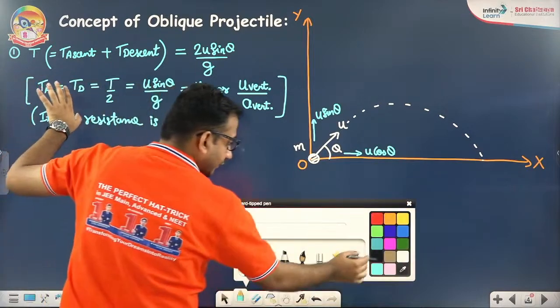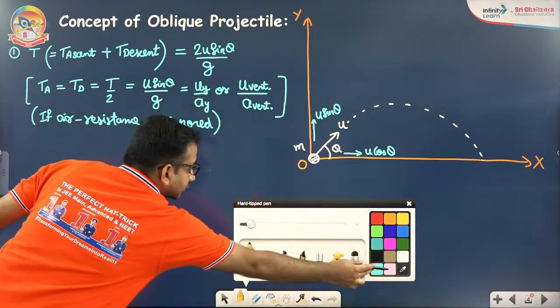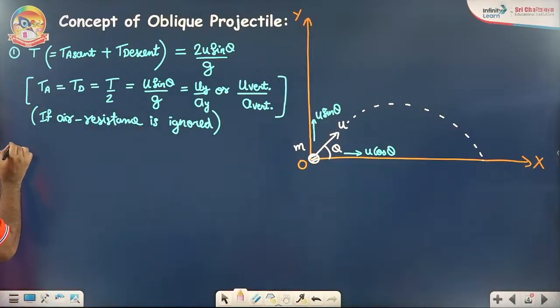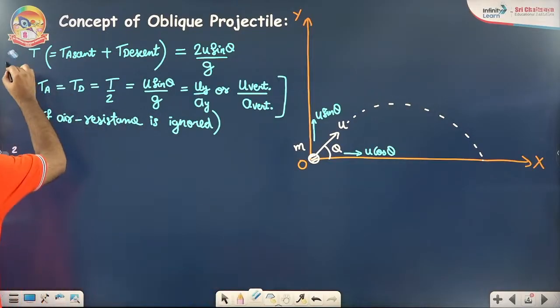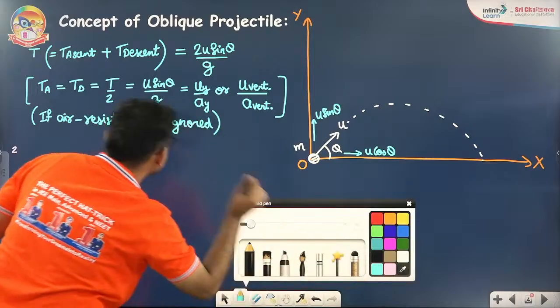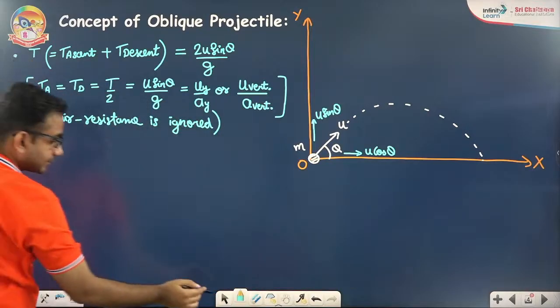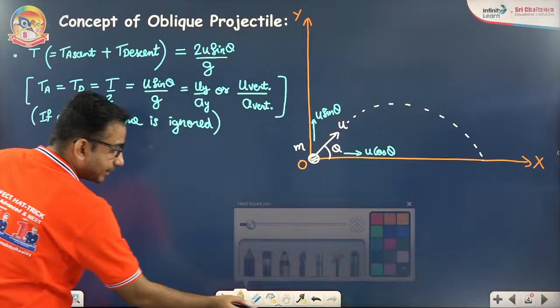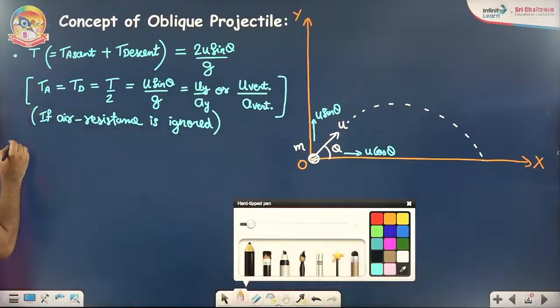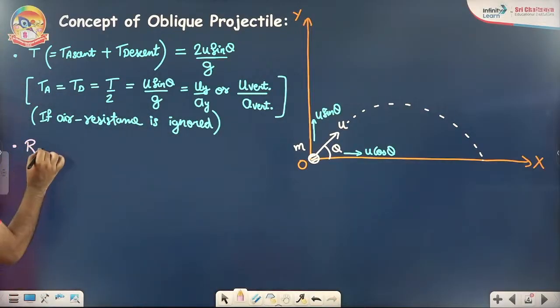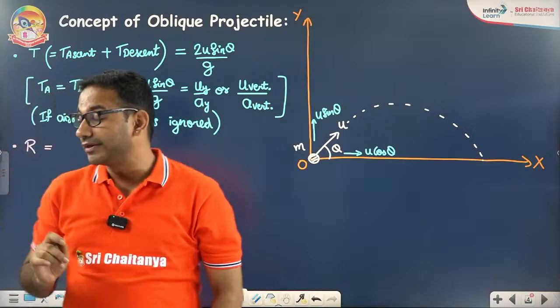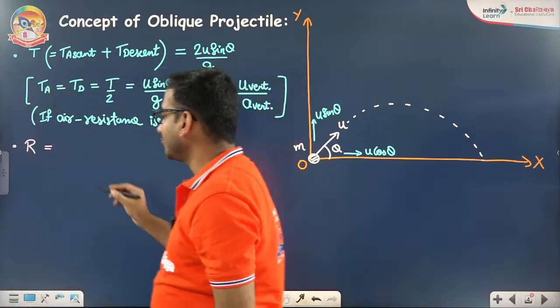Now, suppose we talk about the horizontal range. The other thing which we have taken into account, horizontal range. On the previous slide, that horizontal range R is given by the formula u square sin 2 theta by g. But how do we get that?